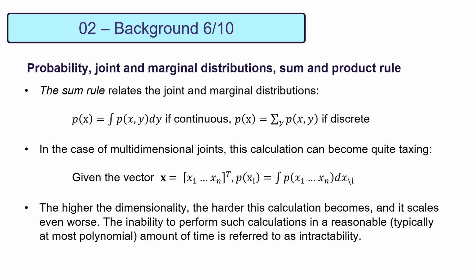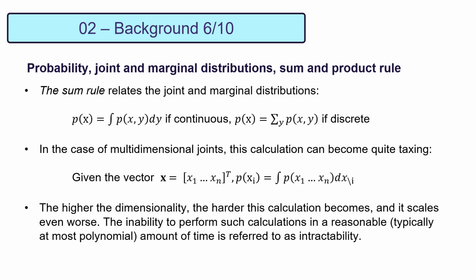So you integrate with respect to one of the two variables, and you get the marginal. If it is discrete, you do a sum, right? Now, the problem of doing this operation is that, as you might imagine, if you have joint probabilities that are very multi-dimensional, so if you have x1 to xn, you need to perform this summation operation.